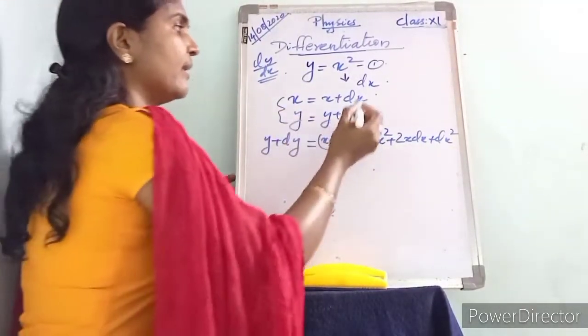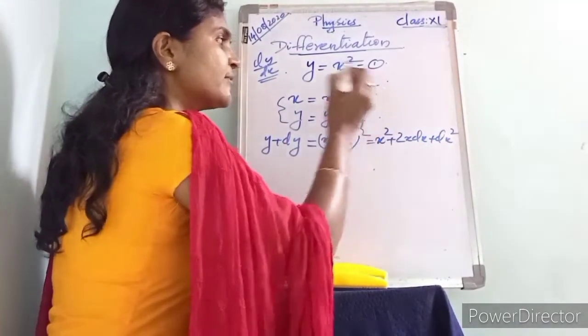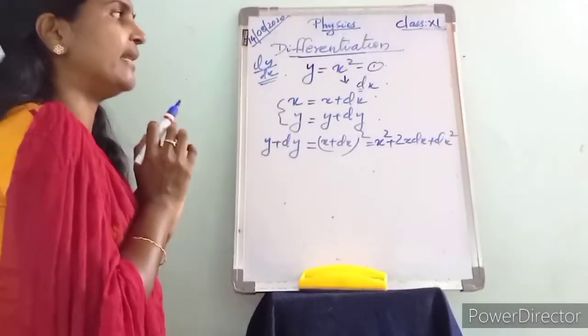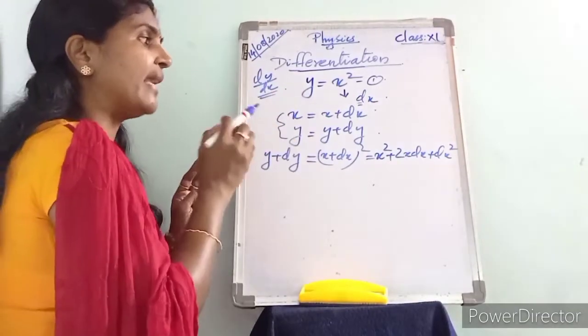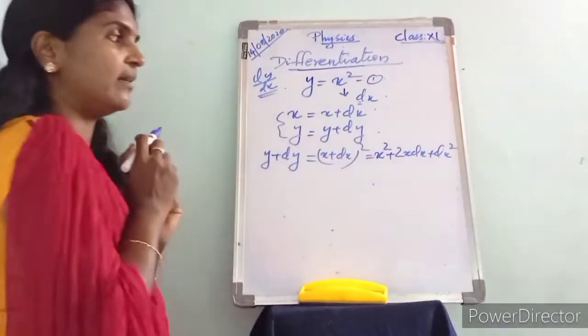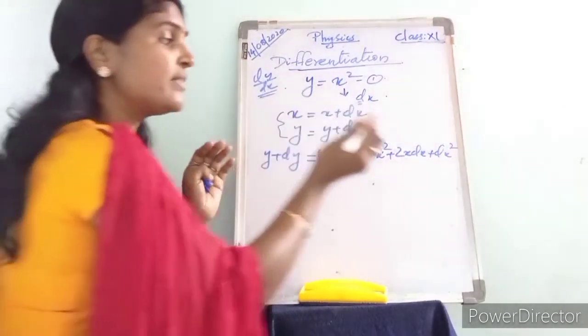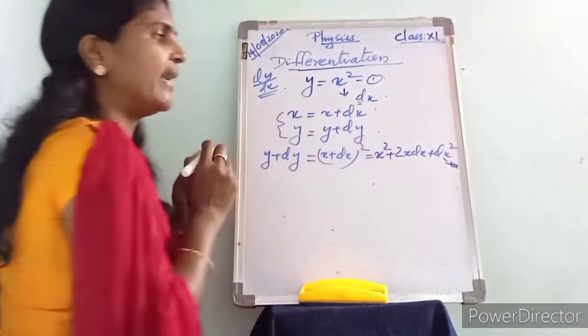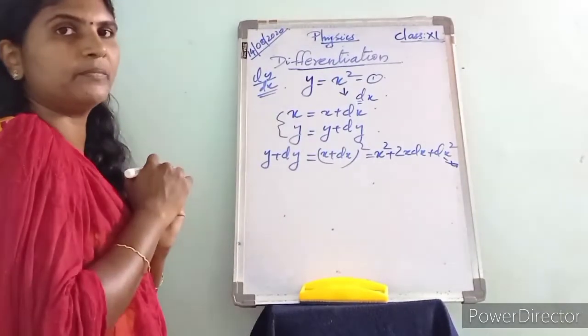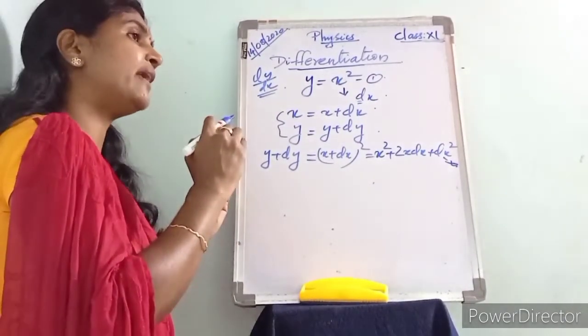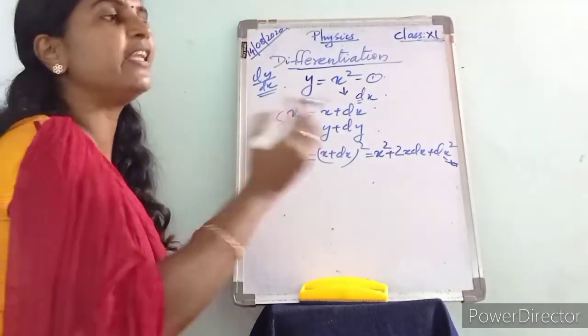You know, d actually represents a small change. When we multiply dx into dx, that approaches 0. dx is close to 0, and when we multiply once again, it is very close to 0.